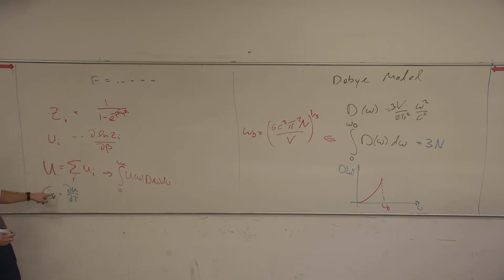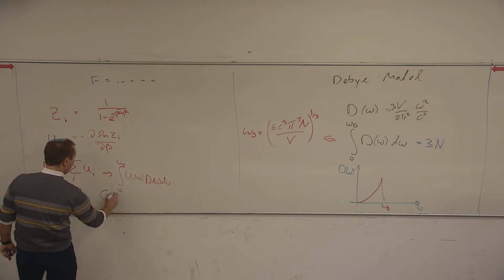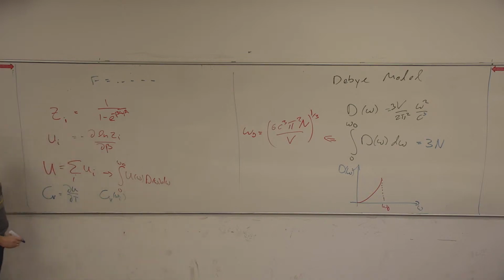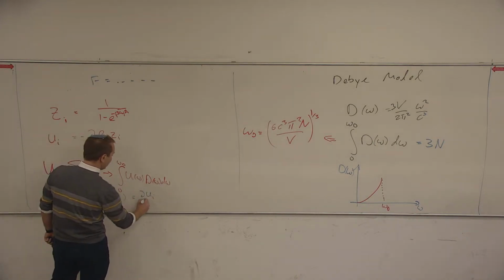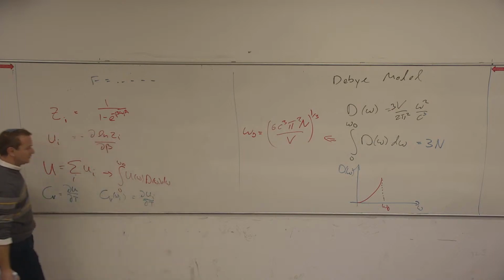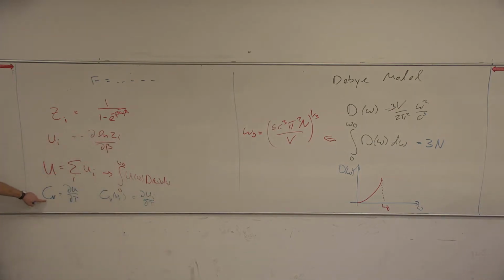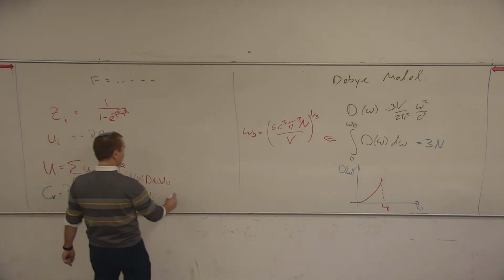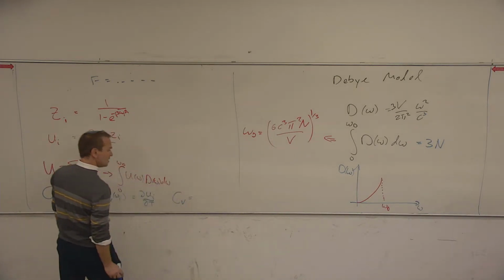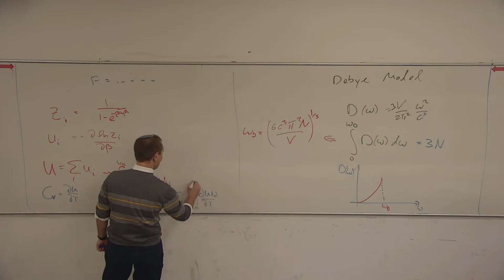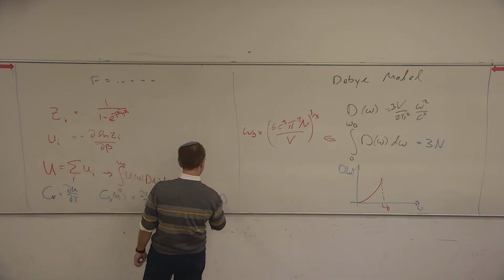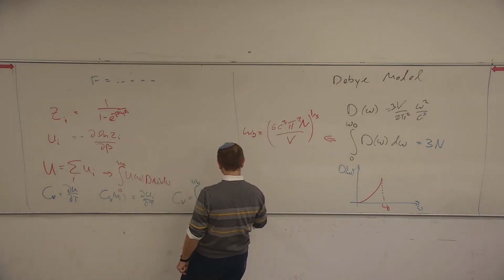So instead of saying we have a C_V, we can define C_V of omega_i, which equals dU_i over dT. So when we want to compute the total C_V, it is going to be the integral from 0 to omega Debye of dU of omega over dT, times D of omega d omega.